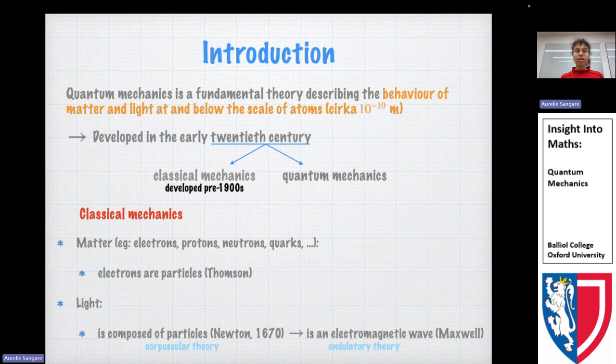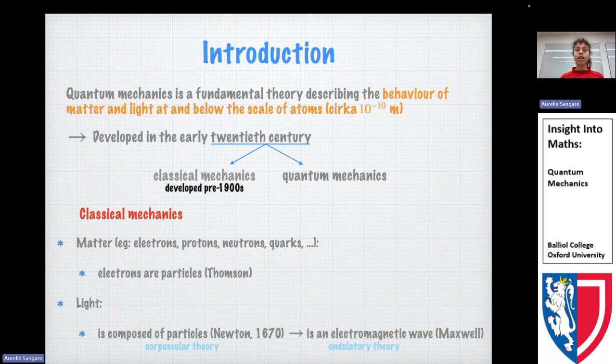So classical mechanics no longer captures, it doesn't explain phenomena and processes that happen at the scale of atoms. It doesn't mean that the laws are no longer true. It just means that because gravitation is no longer the dominant force at the scale of atoms, classical mechanics no longer provides a good description of the processes and phenomena that happen at the scale of atoms.